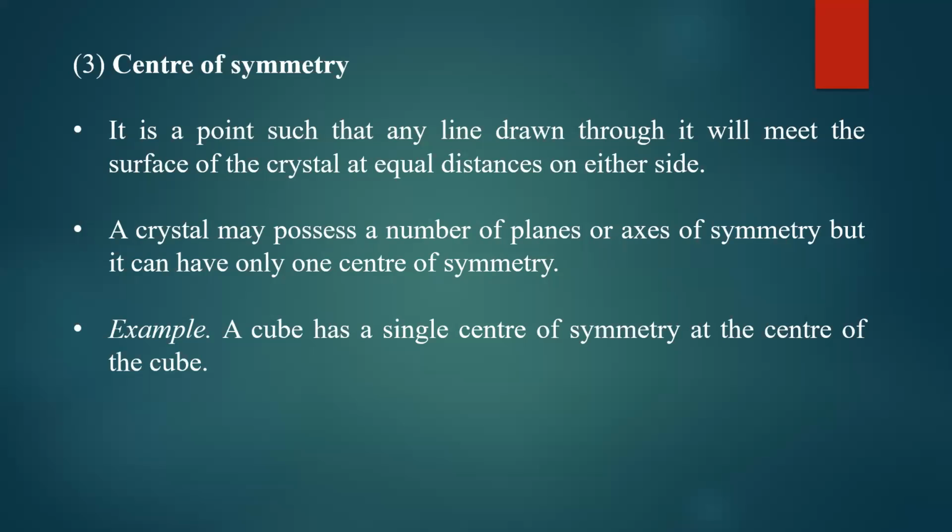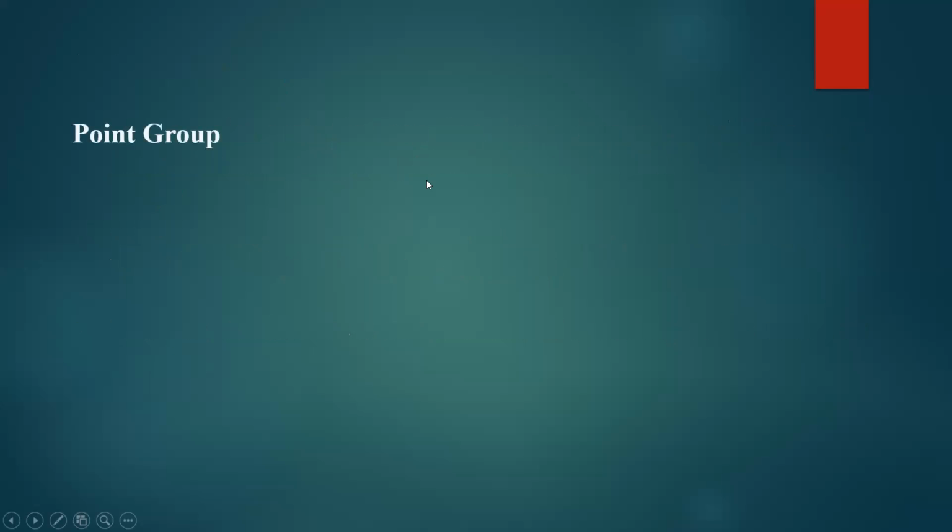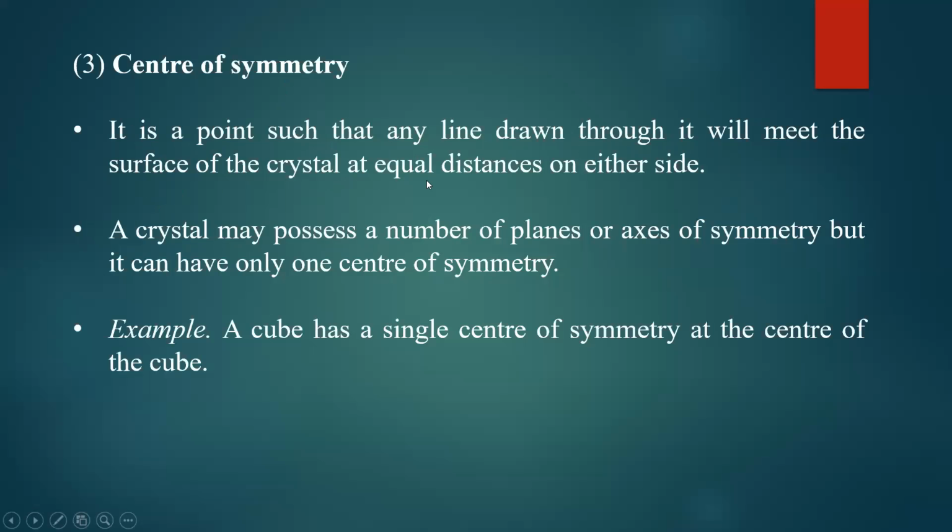That is how we can understand the center of symmetry. Okay, we'll stop here. The concept of point group symmetry and space group symmetry we will consider in the next class.